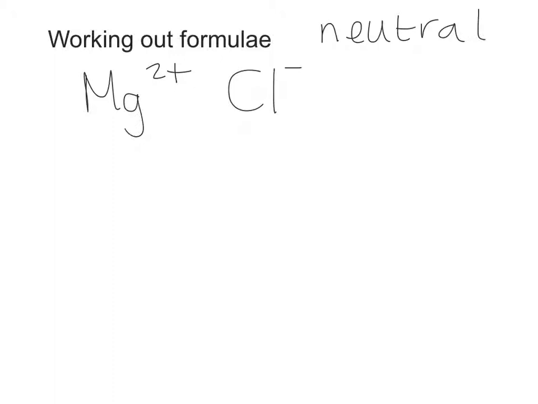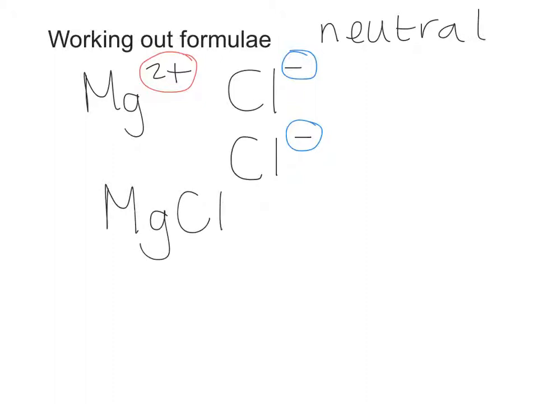So here we have a 2+ charge, but we only have a 1- charge, and we need two minus charges. The only way you can do that is by having 2 chloride ions. So the formula would then be MgCl2.